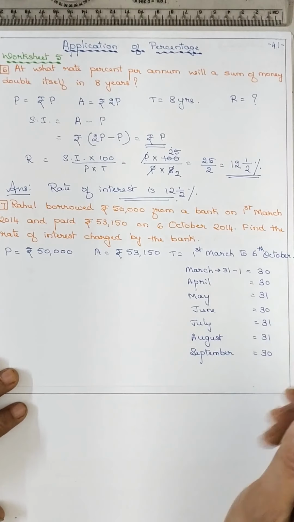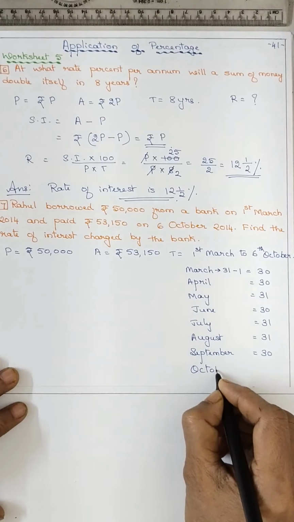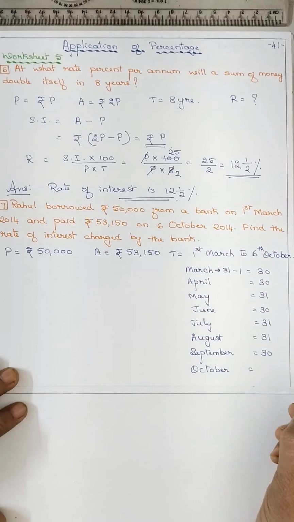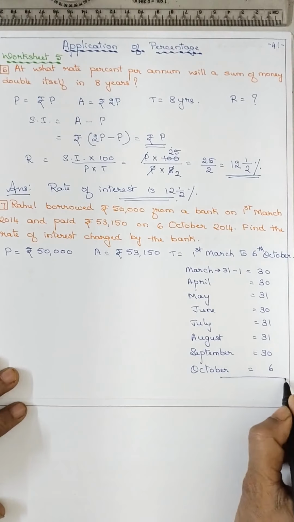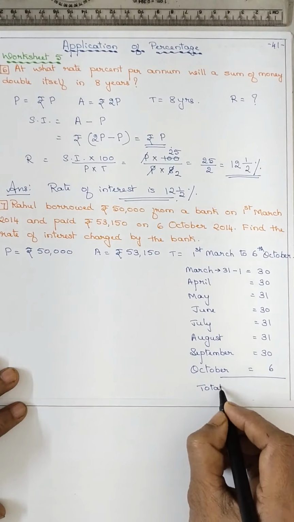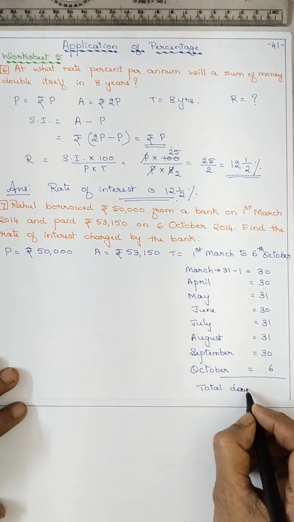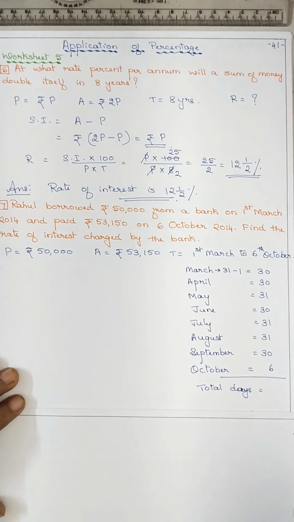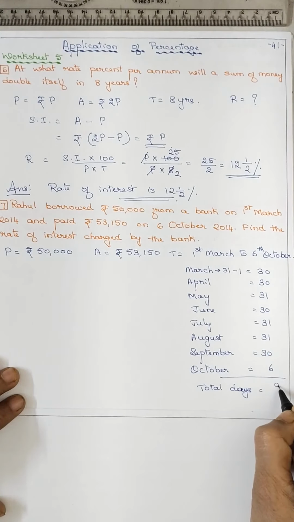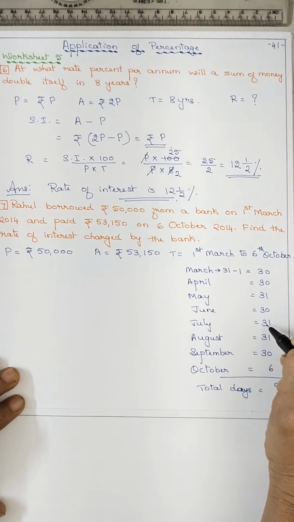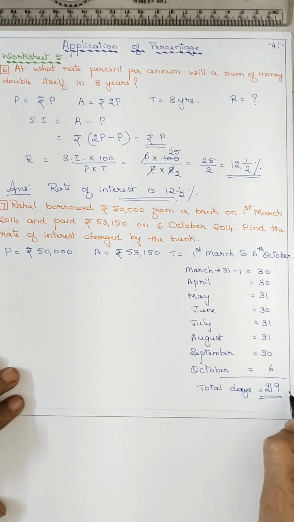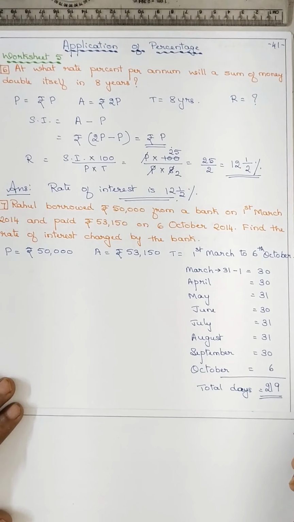Now October, till 6th, that is why 6. Now total number of days, add and see. It is 6, 7, 8, 9. Now 3. 1, 2, 3, 4, 5, 6, 7. 7 3s are 21. So you got 219 days.